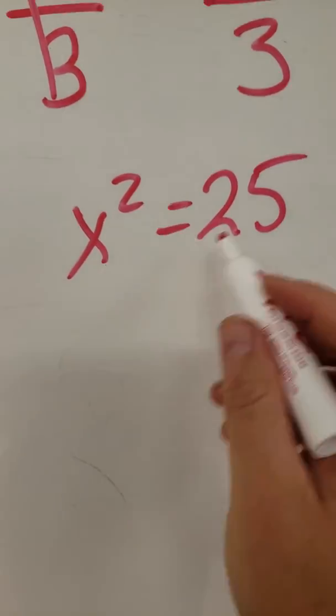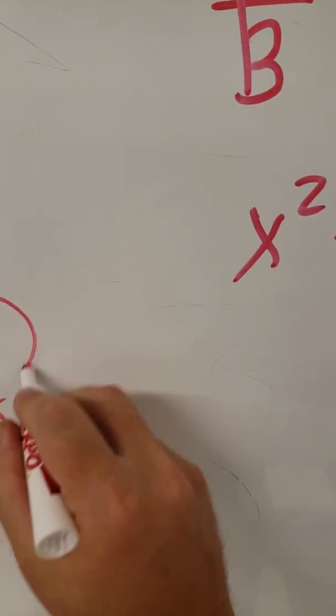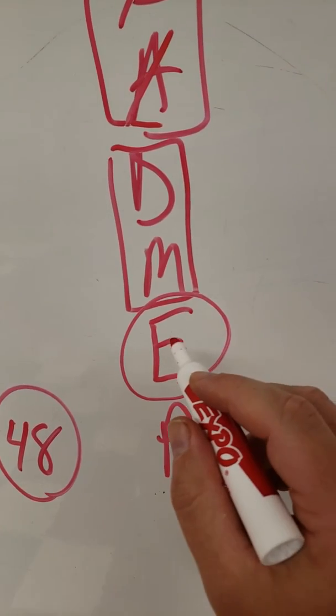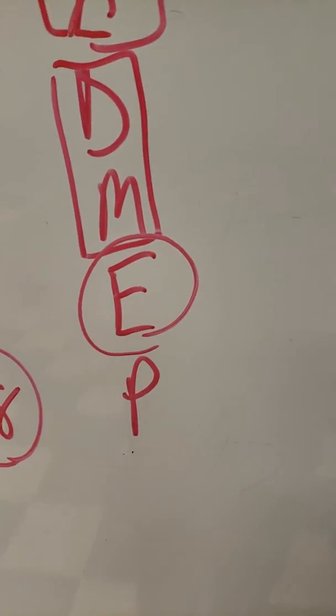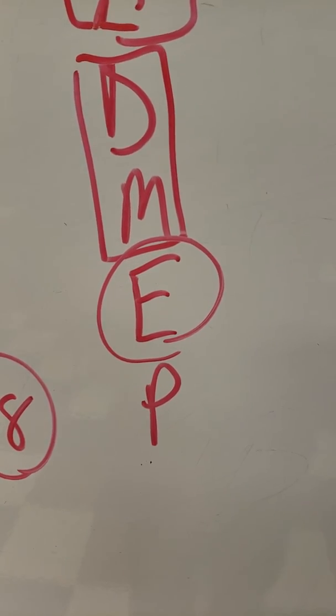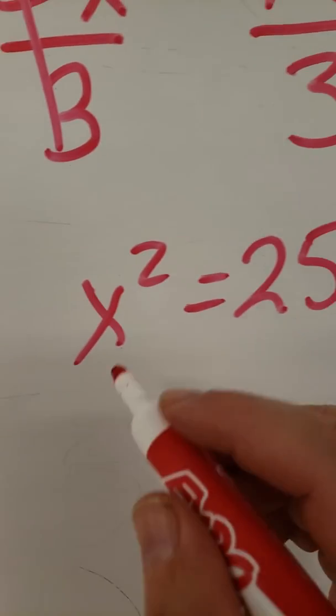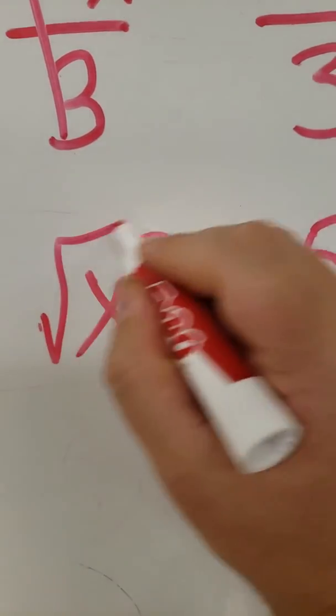So with some common sense, you could probably figure this out. But we're going to look back at SADMEP, and we have exponents right here. Now, earlier in the video, I said that the inverse operation of an exponent is the root. So we need to do the root of something being squared. So that would be the square root.